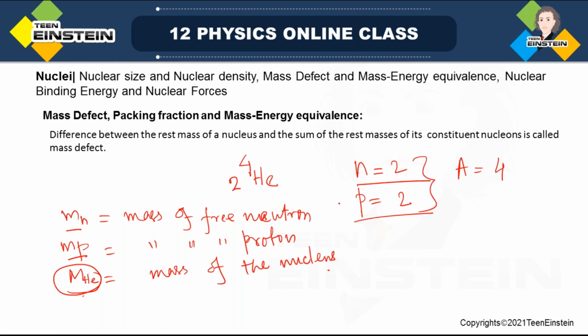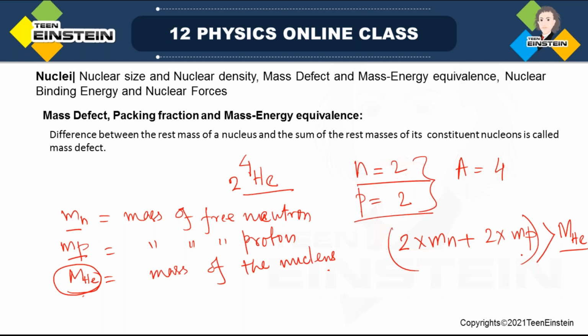Free neutron and free proton, they have masses. So if I multiply 2 into Mn, because there are 2 neutrons in the helium nucleus, plus 2 into Mp, this mass is actually greater than the mass of the stable helium nucleus.